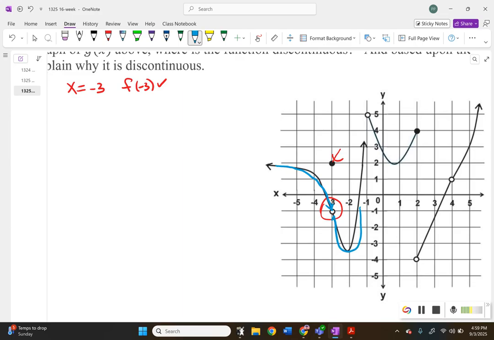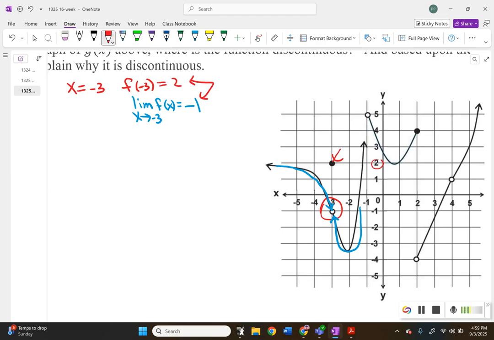Coming from the left, coming from the right, we're approaching the same thing. So yes, the limit as x approaches negative 3 exists. In fact, we can say what it is. Approaching from the left and the right, they're both approaching negative 1. And f of negative 3, which is the point when x is negative 3, happens at 2.